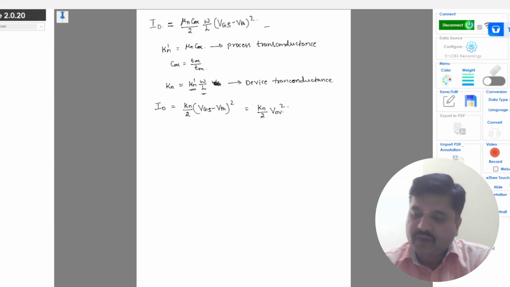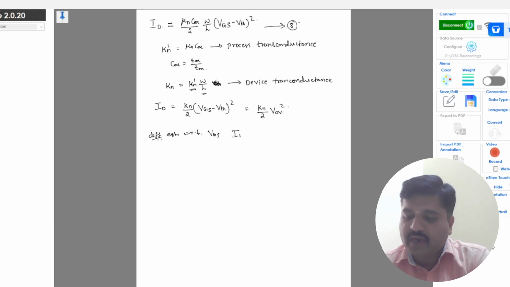If I differentiate this current equation, say for example this is the 8th equation continuing from the previous video, so if I differentiate equation 8 with respect to VGS: ID is equal to μn COX by 2 into W by L into (VGS minus VTH) whole square.